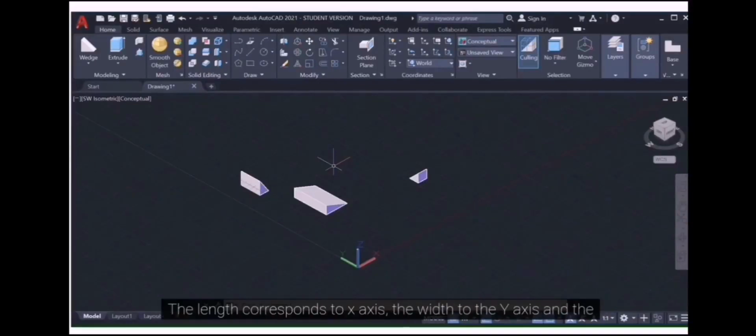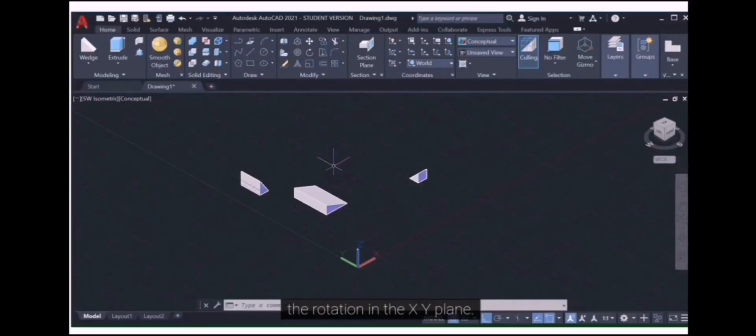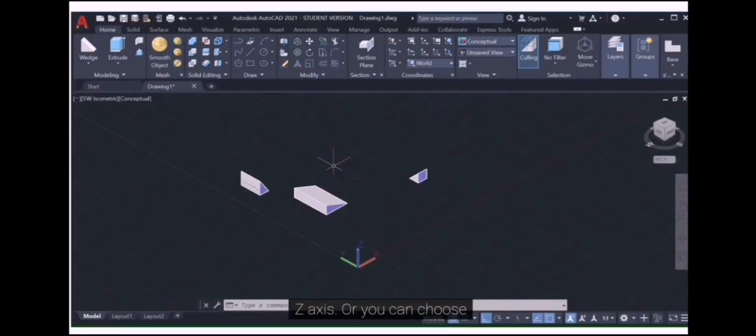The length corresponds to the x-axis, the width to the y-axis, and the height to the z-axis. If you pick a point to specify the length, you also specify the rotation in the xy plane. And the height sets the height of the wedge. Enter a positive value to draw the height along the positive z-axis of the current UCS. Enter a negative value to draw the height along the negative z-axis.